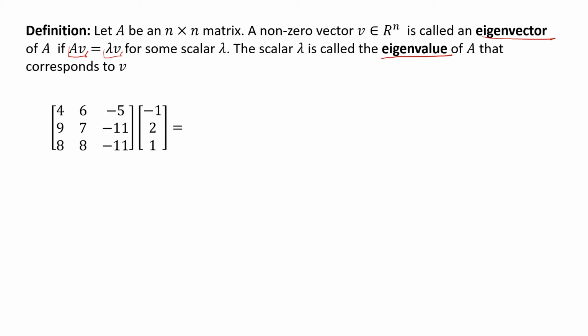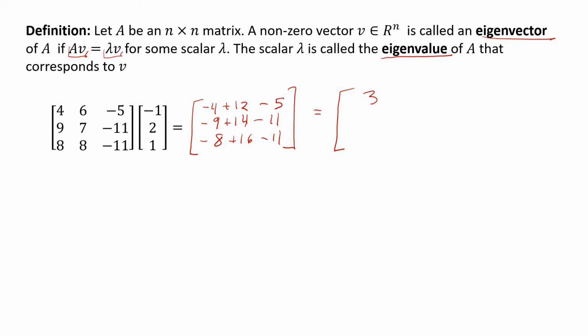So for instance, for this matrix, you multiply this out, what do we get? Well, you get -4 plus 12 minus 5. You get -9 plus 14 minus 11. You get -8 plus 16 minus 11. When we add these things all up, we get 3.